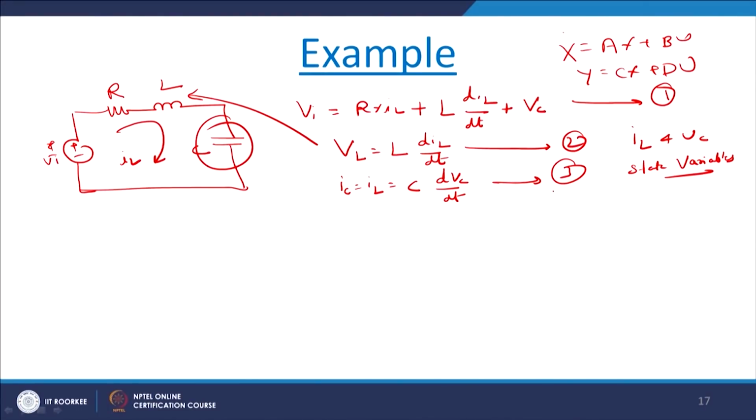So what we can do now? From equation 3 we can write down dVc by dt equals 1 by C into IL, because your state equation is x dot equals A x plus B u.